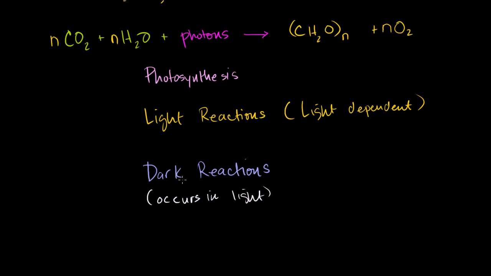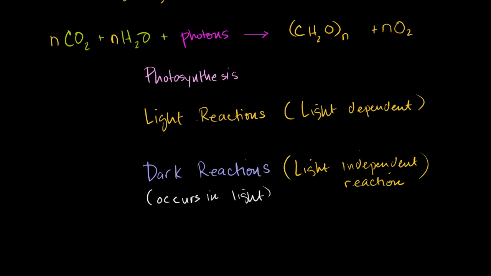But the reason why they probably called it the dark reaction is that you don't need light, or that part of photosynthesis isn't dependent on photons to occur. So a better term for it would have been light independent reaction.